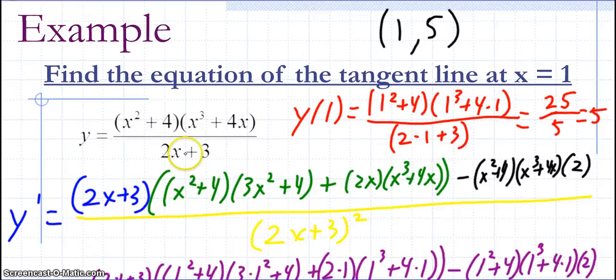So here it goes. This is the bottom times the derivative of the top. So for the top, I did the product rule. So I did the first times the derivative of the second plus the derivative of the first times the second. Now I have minus the top, so now I'm back to the quotient rule, times the derivative of the bottom over the bottom squared.